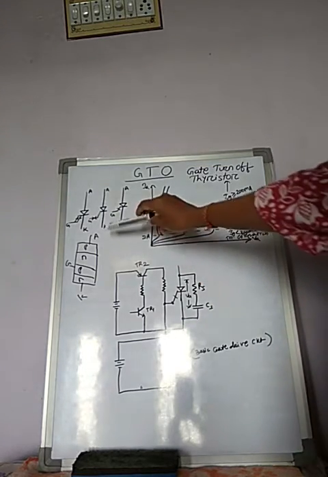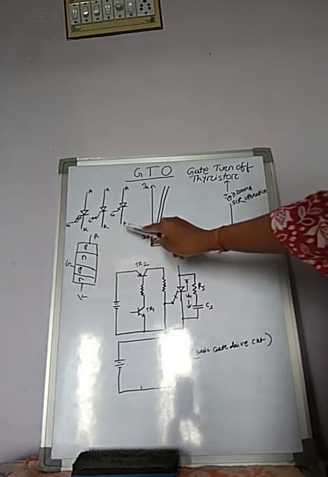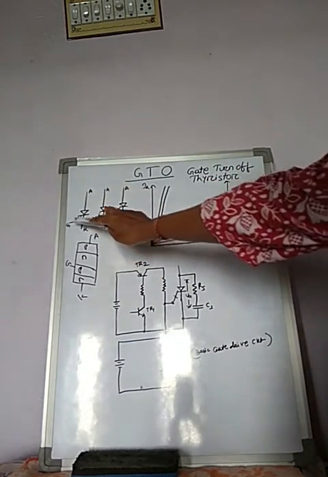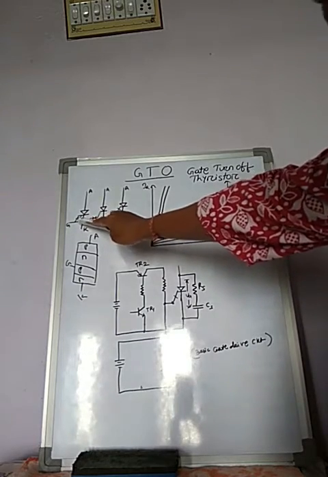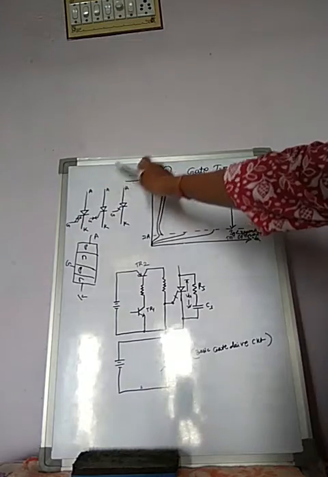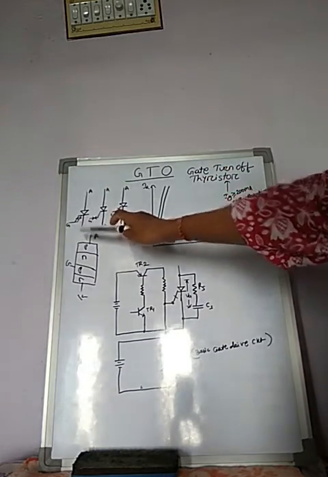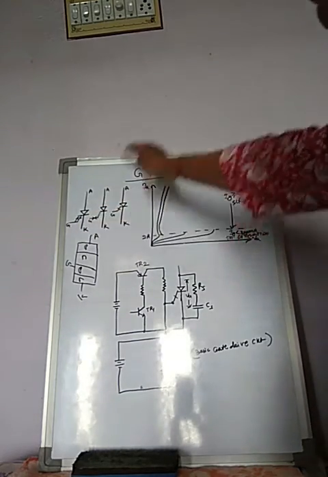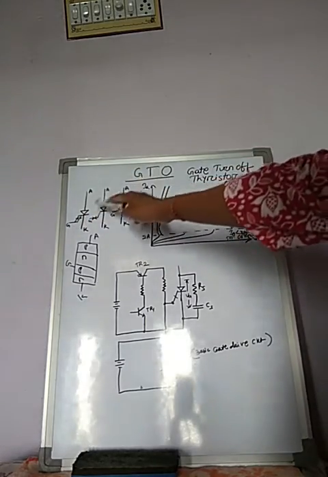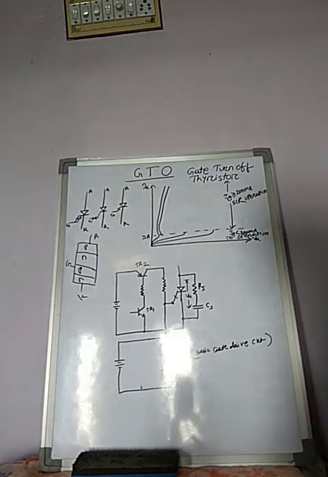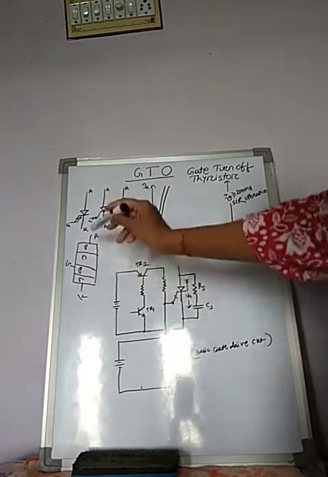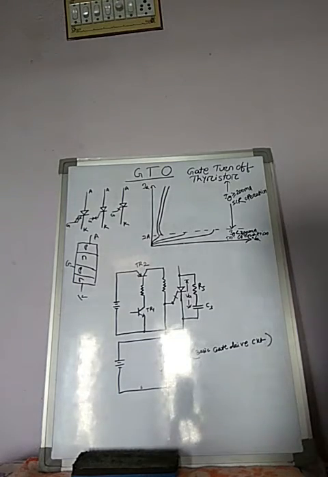These are the GTO device symbols. See, anode, cathode, and this is gate. Here two arrow marks are given, one in this direction and one in this direction. The upward arrow is for the positive gate signal, and the downward arrow represents the negative gate pulse.